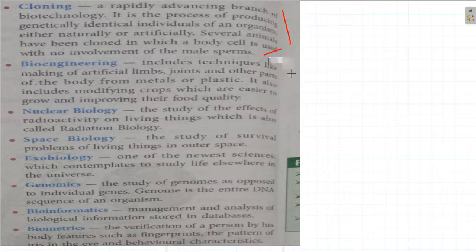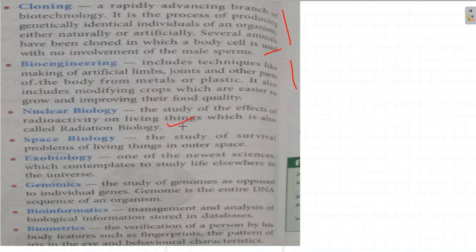Now, bioengineering includes techniques like making of artificial limbs, joints, and other parts of the body with metals or plastic, is called bioengineering. Nuclear biology, study of effects of radioactivity on living things. It is also called radiation biology.